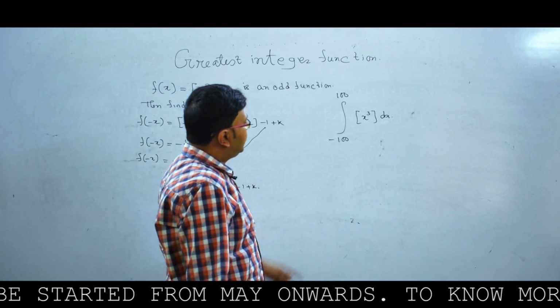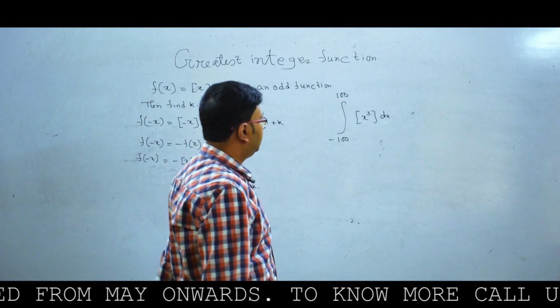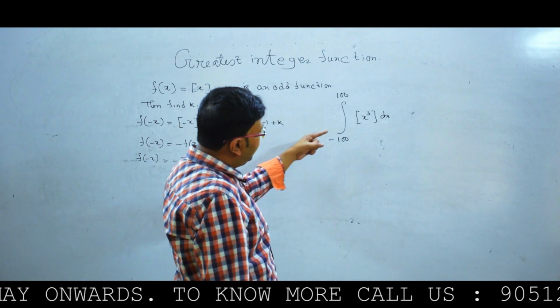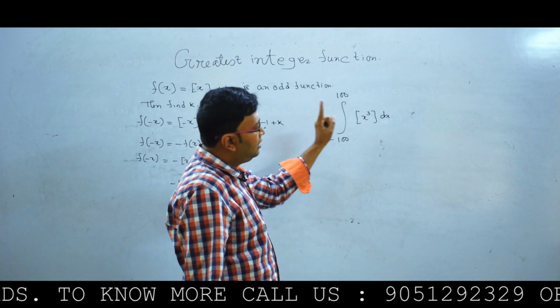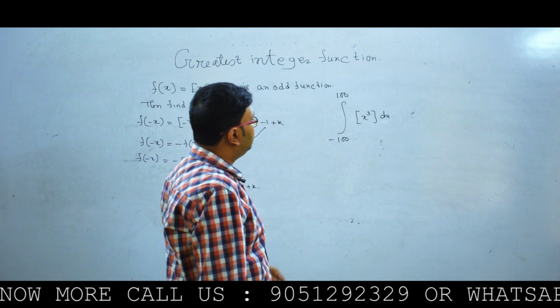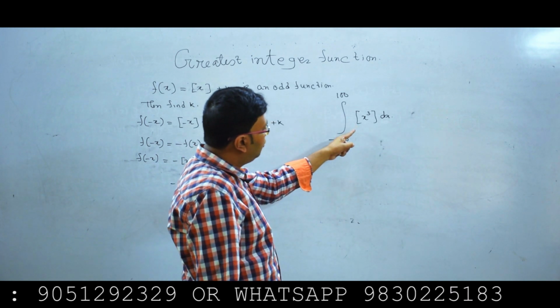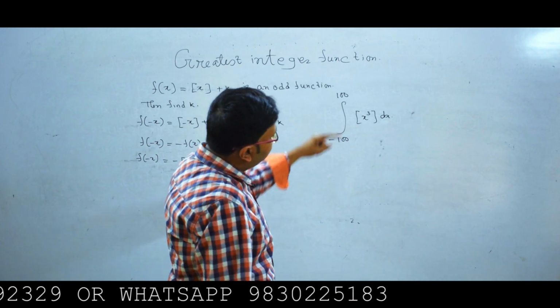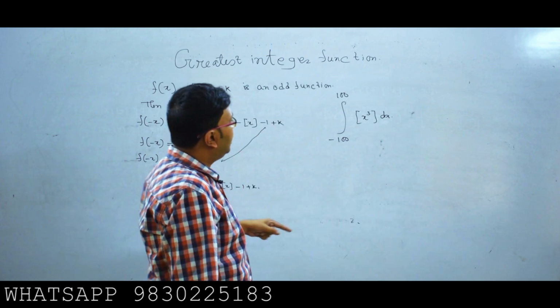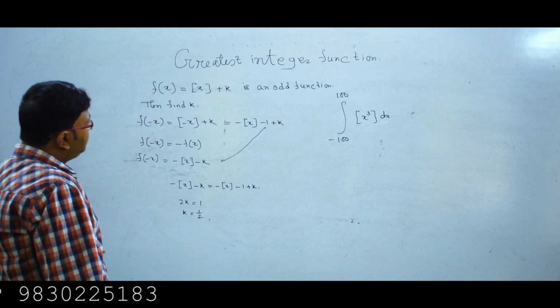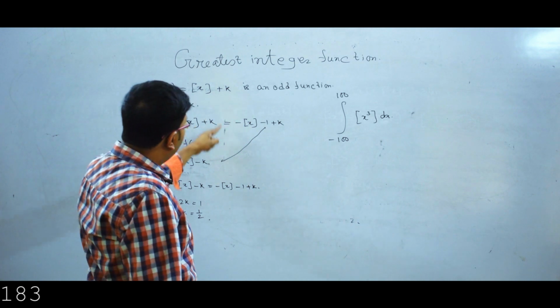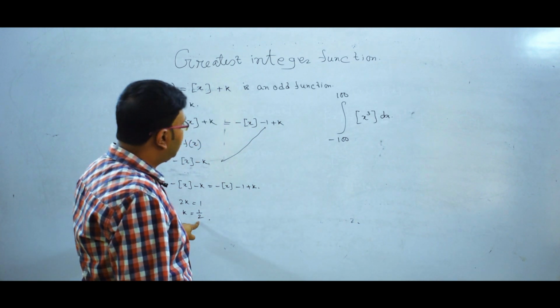The limit indicates -100 to +100. That means if it is odd, then the answer will be 0. But unfortunately, {x^3} is not an odd function. So how can I make this function odd? I just have to add a plus k, which is half.